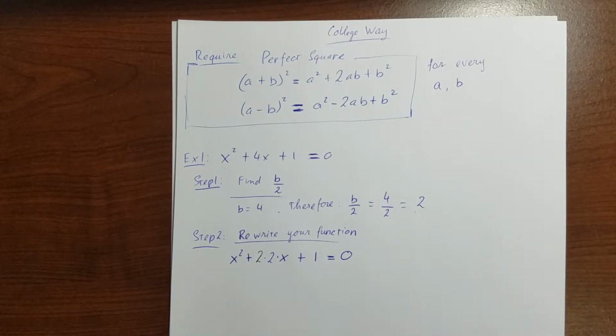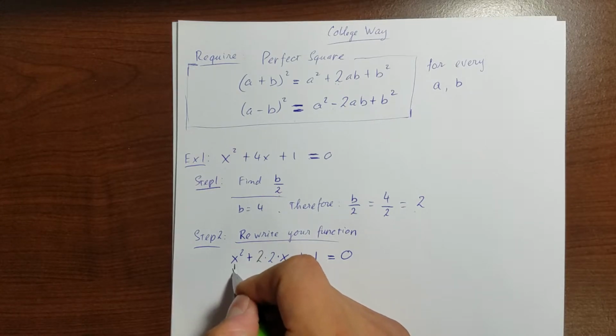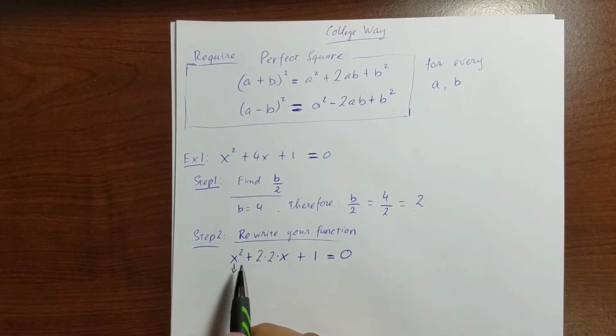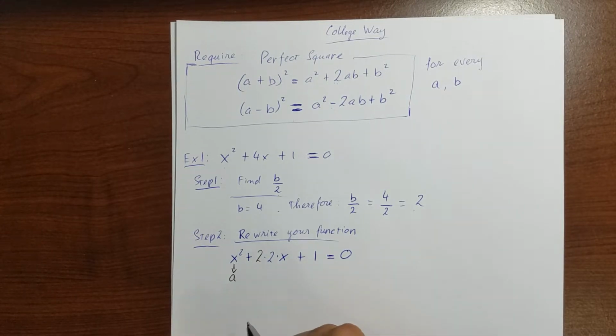The next step is to identify your a and b variables. Remember, the first one squared is always your a. In this case, this is my a squared to be exact, but if you want to keep it simple, the first one is always a.